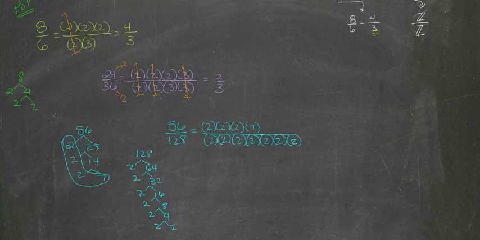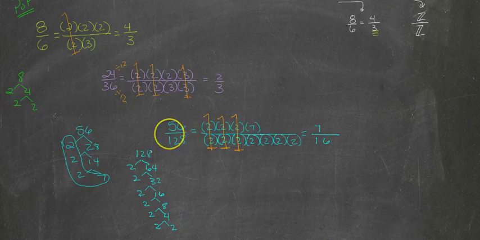All right, now let's cancel our 1 values. And that's it. So 56 over 128 reduces to 7 over 2 times 2 is 4, times 2 is 8, times 2 is 16. 7/16. Not a pretty number, granted, but way better than 56 128ths.